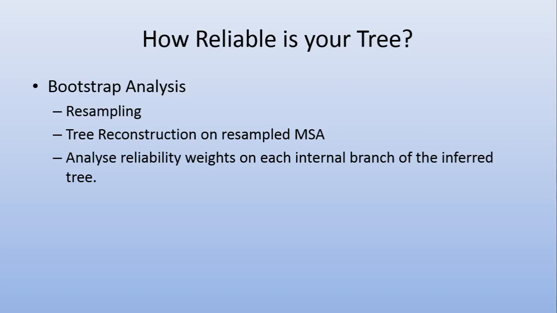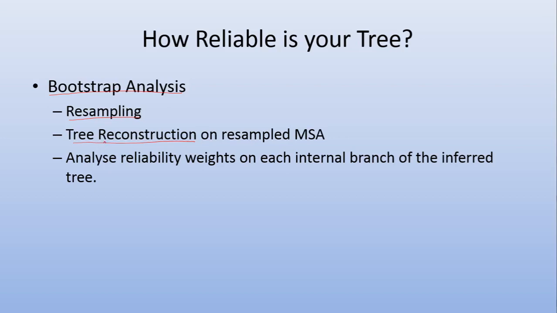In order to answer this question, people usually implement bootstrap analysis. The main procedure in bootstrap analysis is that you first resample your multiple sequence alignment, and for each resampled data set you construct a separate tree, so you end up with multiple trees.